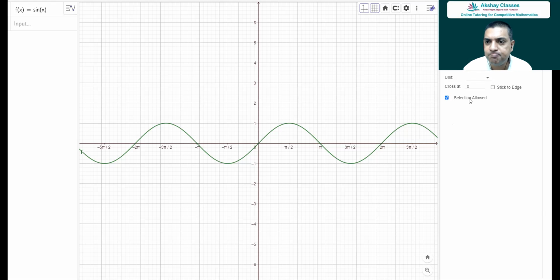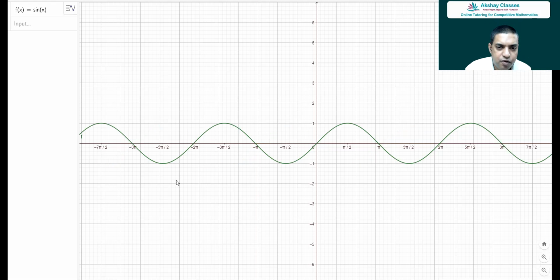Okay, look here. This is the graph of sine x. Now, I will do sine of x plus a.